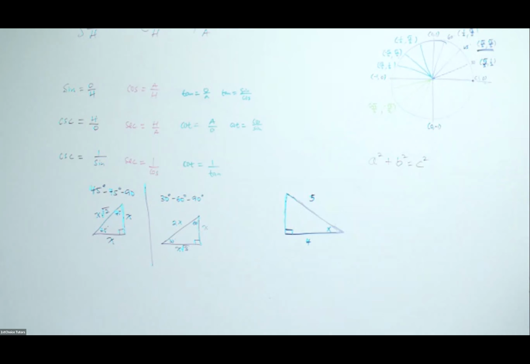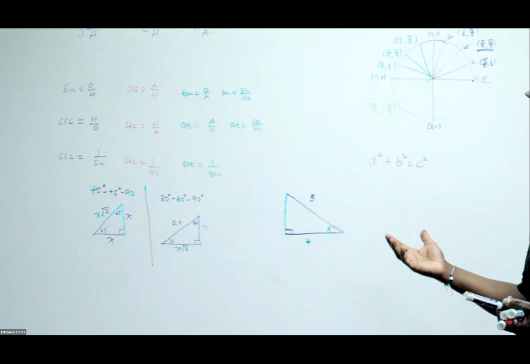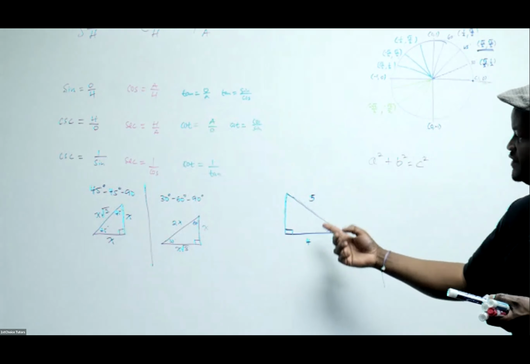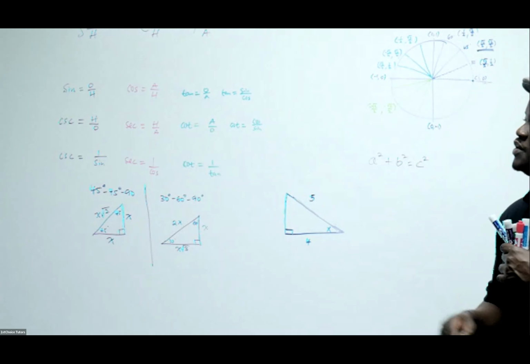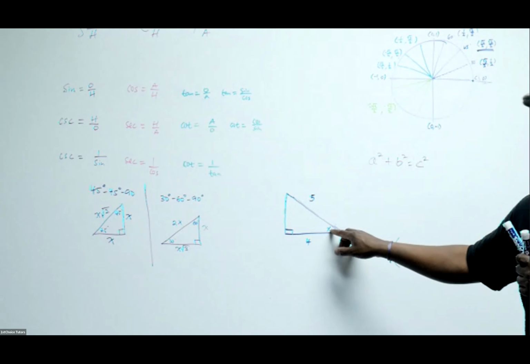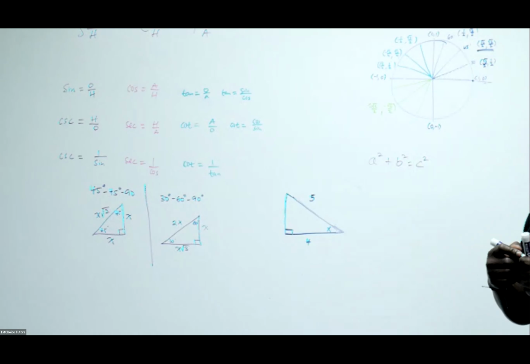So here's the thing. We're going to use one of these SOHCAHTOA. You have to ask yourself, based on what I'm given, which of those makes sense? Would I go with sine, cosine, or tangent? So here's the angle. What is the 4 relative to that angle? Is it opposite, adjacent, or the hypotenuse? It's adjacent.